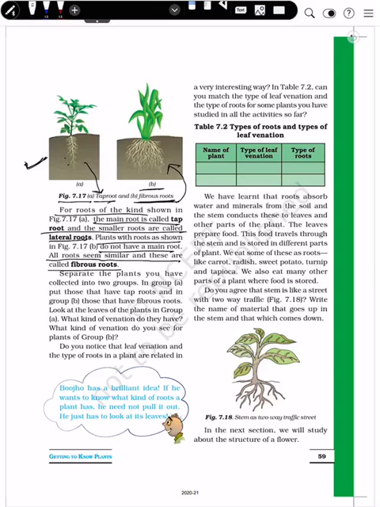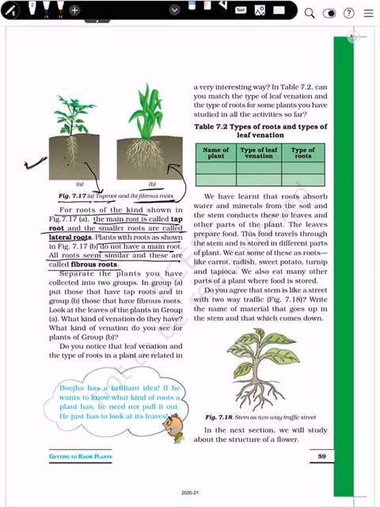Now if we come to the second type, that is the fibrous root, for example, we can take the grass. The roots of the grass are fibrous, and the type of leaf venation is parallel.